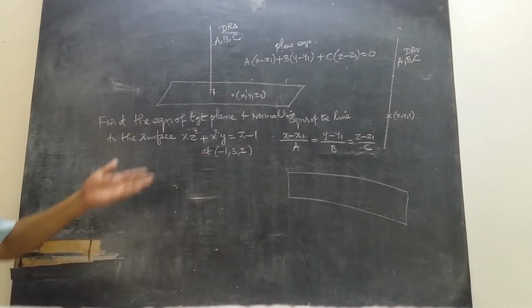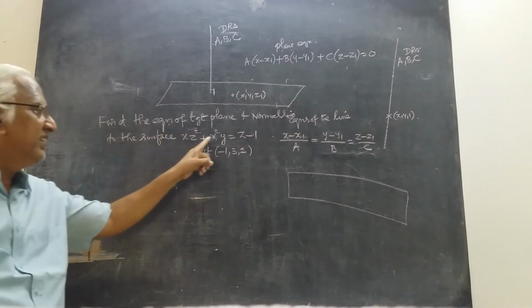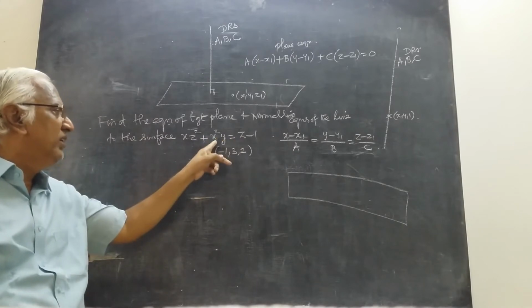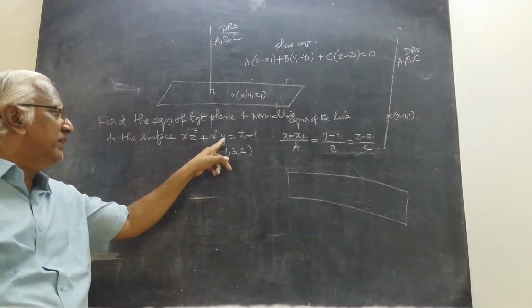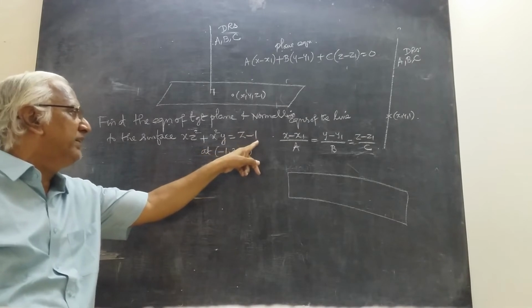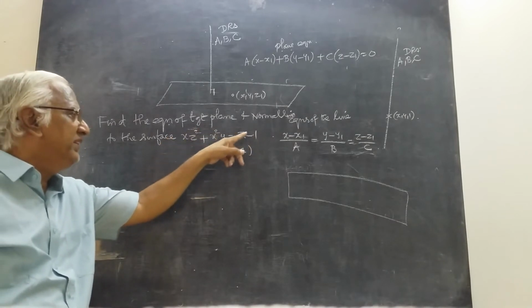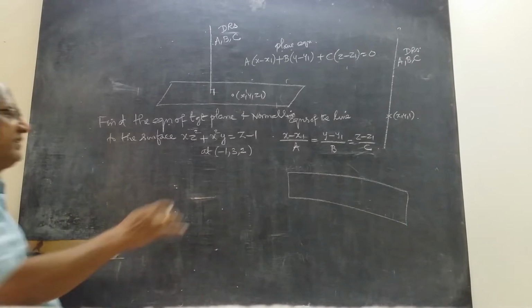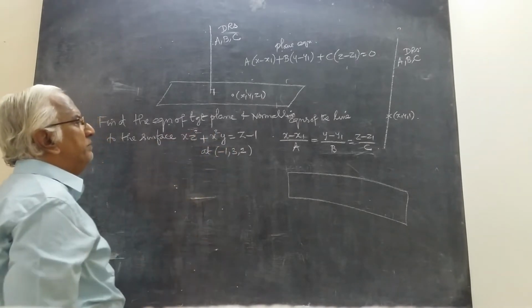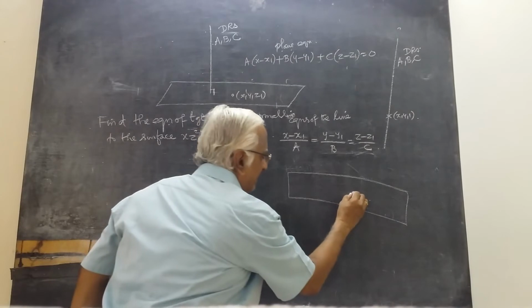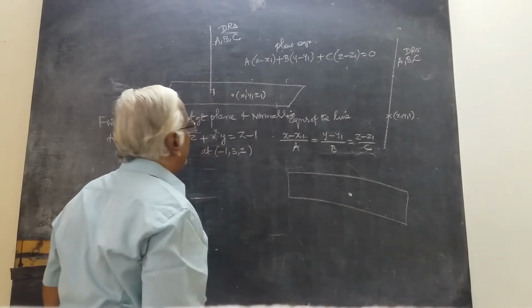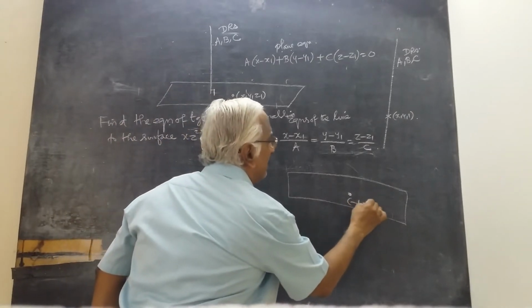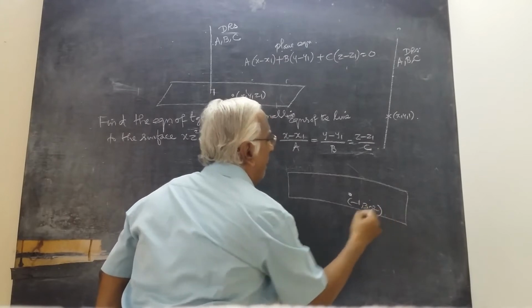How do you know this is a surface? A function of x, y, z is equal to a constant means a surface. This is the surface, and this is the point on it.